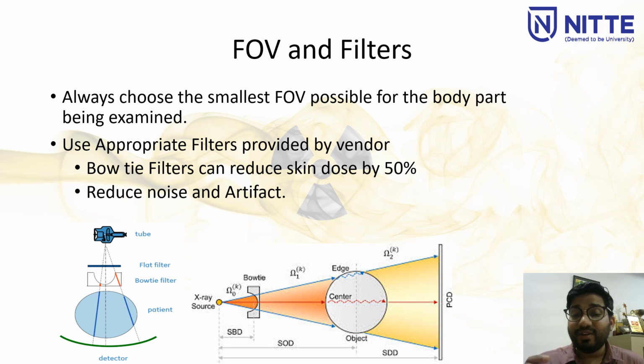But at the periphery the travel for the radiation is much less, so we use a thicker filter at the edges. That is how the shape of this bow tie filter is designed, to reduce the dose significantly.